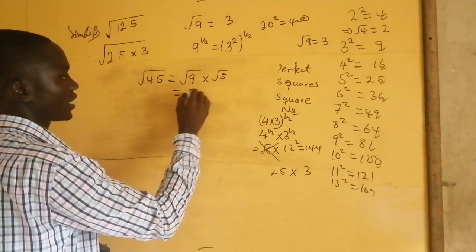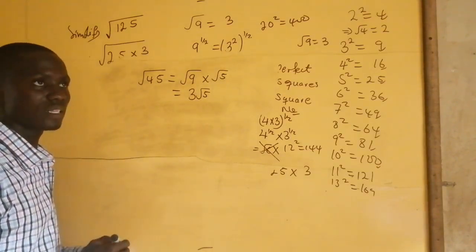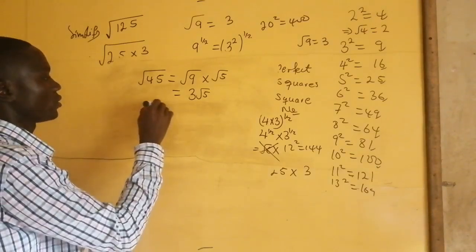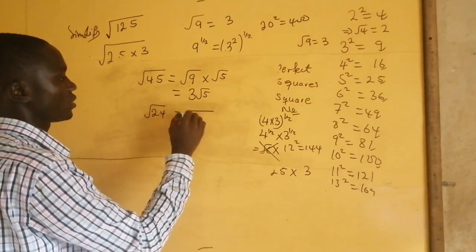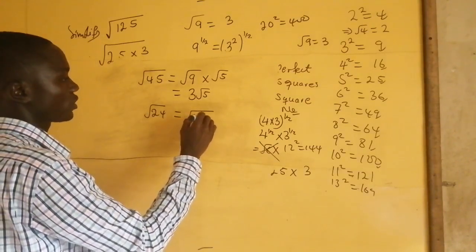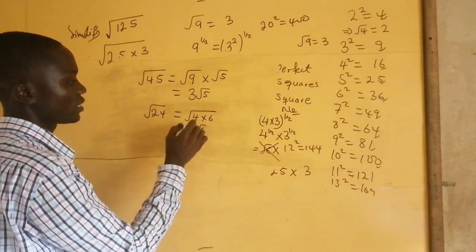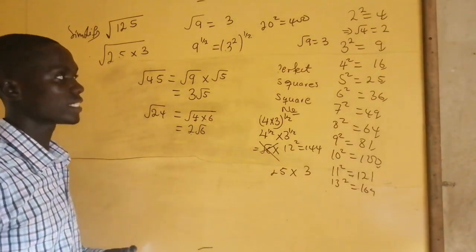And that gives 3 root 5. If I think of, let's say, 24, square root of 24, this is simply square root of 4 times 6, and this gives 2 root 6, because square root of 4 is 2, and root 6 is still root 6.